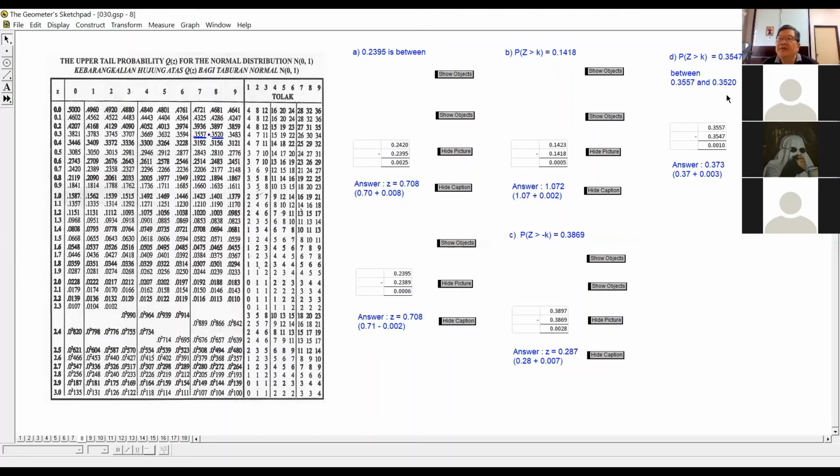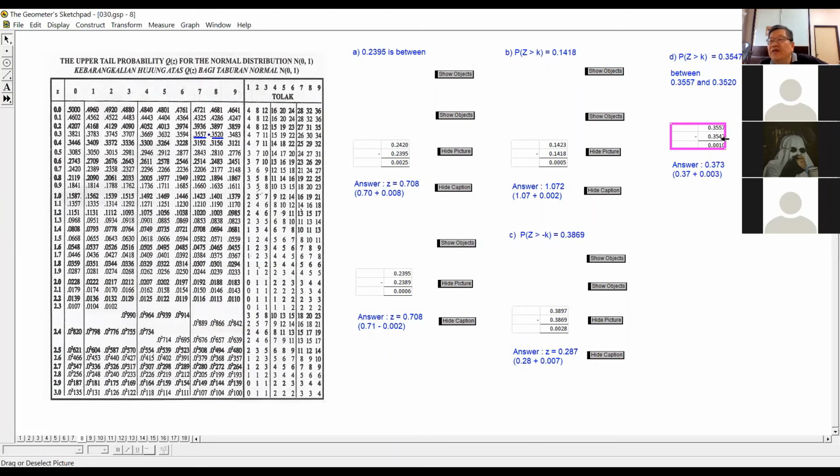Of these two numbers, 0.3557 and 0.3520, which one must you choose? Shervin, which one do you want to choose? Both can. One is more difficult, the other is easier. We choose the number on the left, 0.3557. So what is the difference with our number 0.3547?